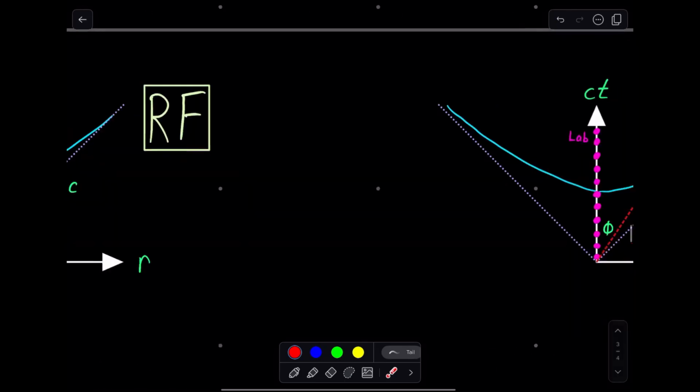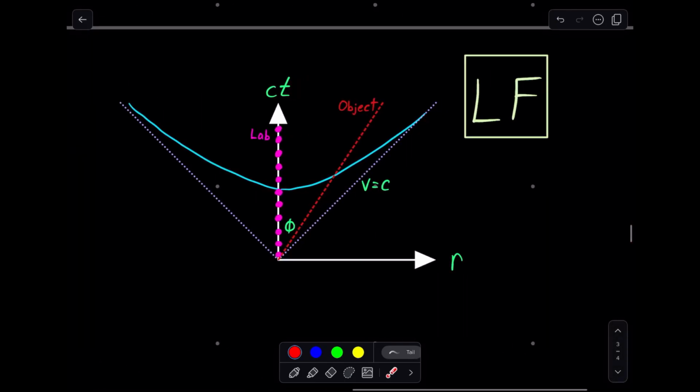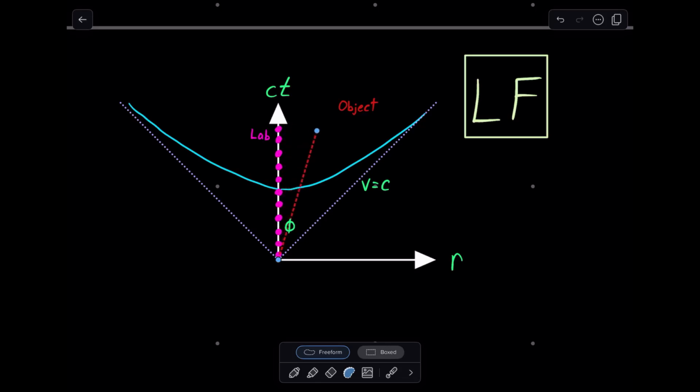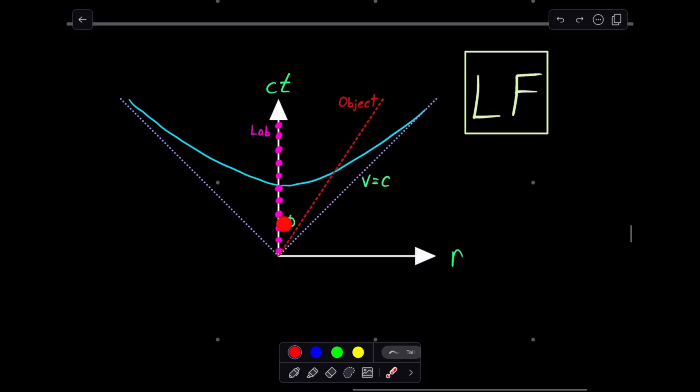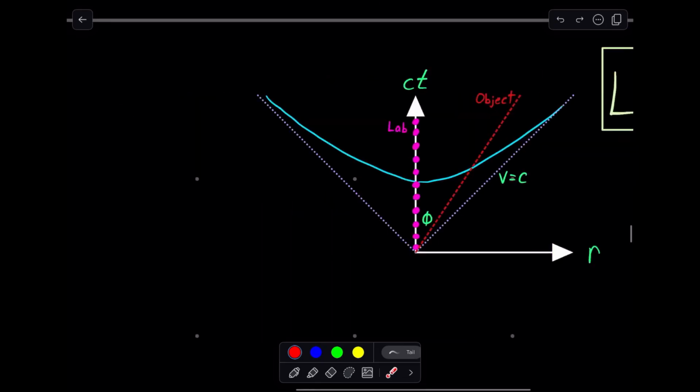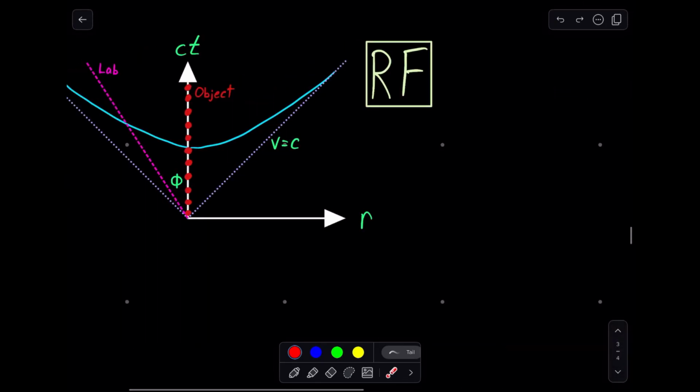Then that's called the lab frame, and that's here, where this object, this line right here, is slid from being here to here. And this lab frame right here, which was originally here, is rotated hyperbolically to be at rest. And you can see that they still have the same hyperbolic angle phi between them.